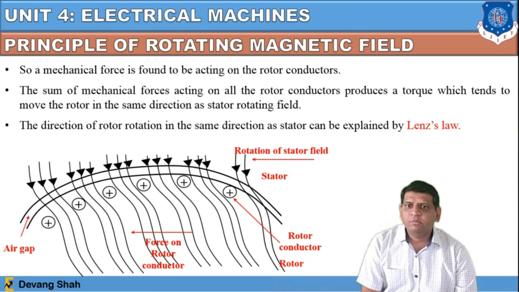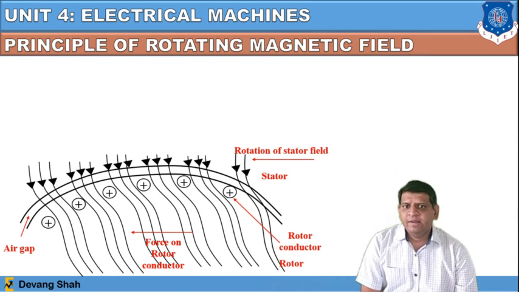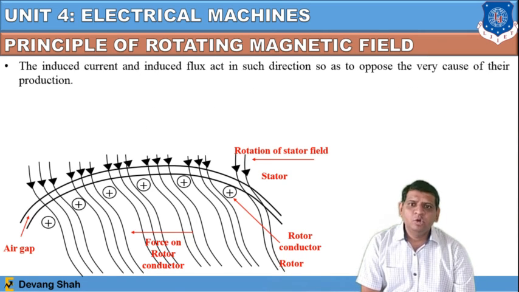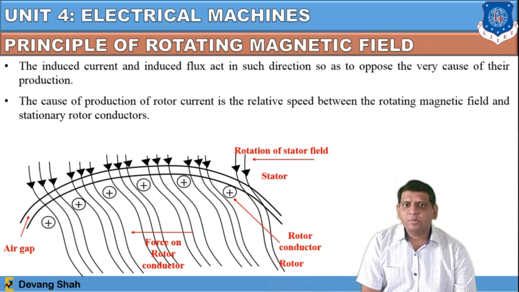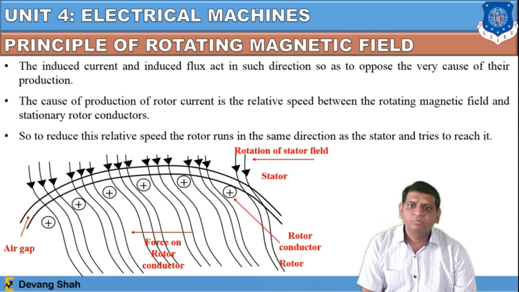The rotation of the rotor in the same direction as the stator field can be explained by Lenz's law. The induced current and induced flux act in such a direction as to oppose the very cause of their production. The cause of production of rotor current is the relative speed between the rotating magnetic field and the stationary rotor conductor.